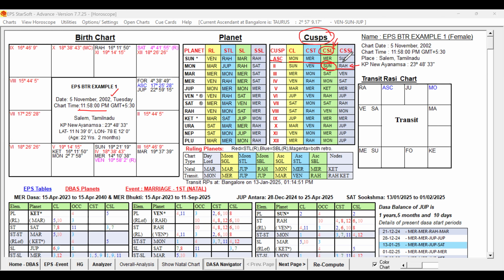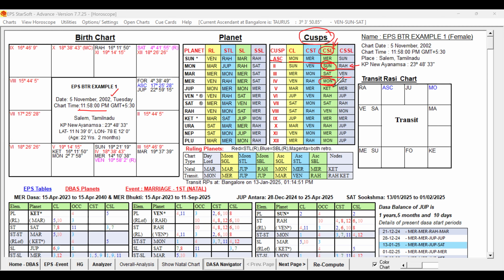The Sun sublord can change. Now look at the third sublord, Saturn. It is not a shorter duration planet, and the sublord of the third house is not on the border. Then look at the fourth sublord, Moon. Moon is also of shorter duration like Sun, so this can also change when the birth time is increased or decreased.